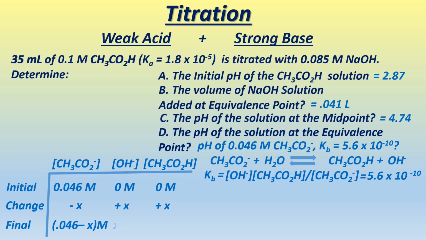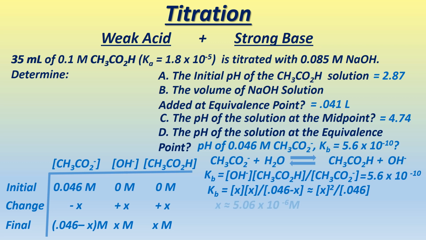So at equilibrium, my Kb is going to be equal to X molar acetic acid, X molar hydroxide, over 0.046 minus X acetate. Again, I can assume that X is going to be very small. So I can assume 0.046 minus X is essentially equal to 0.046. And I can solve for X.